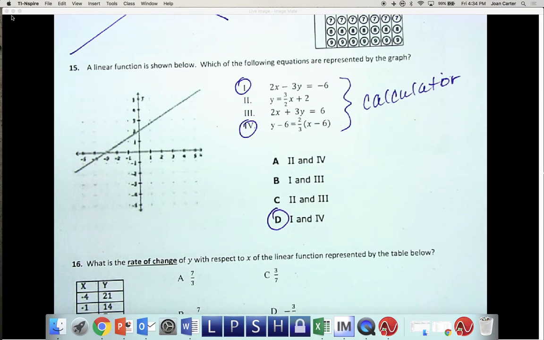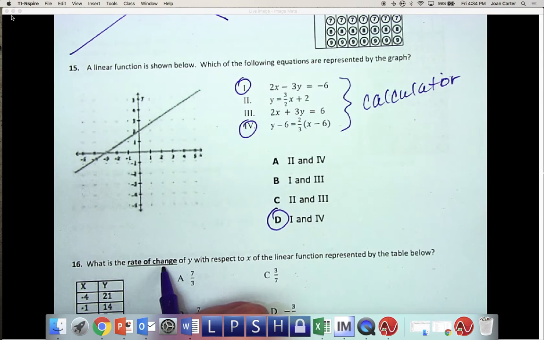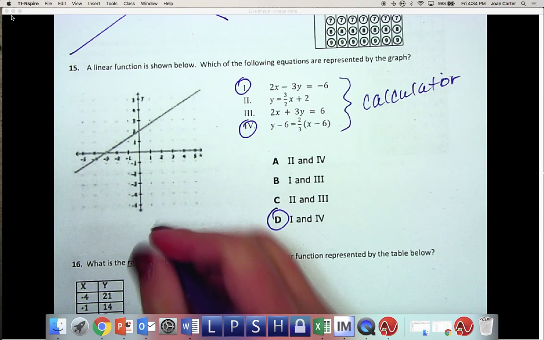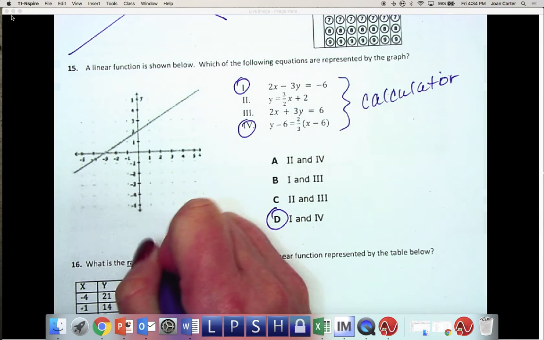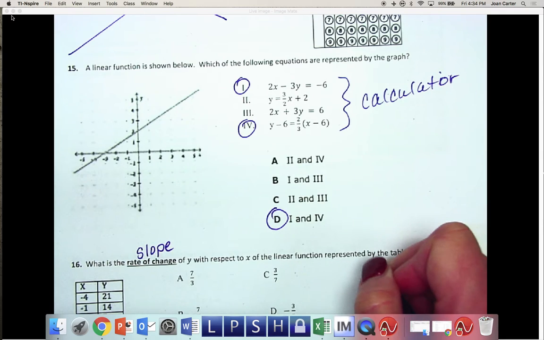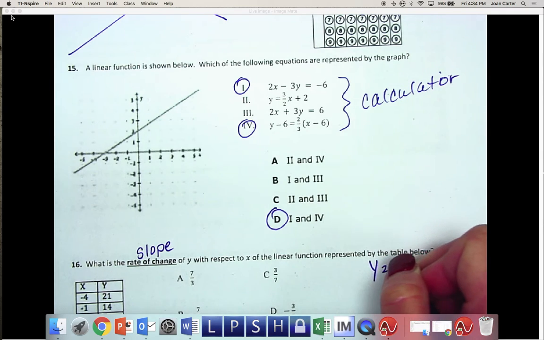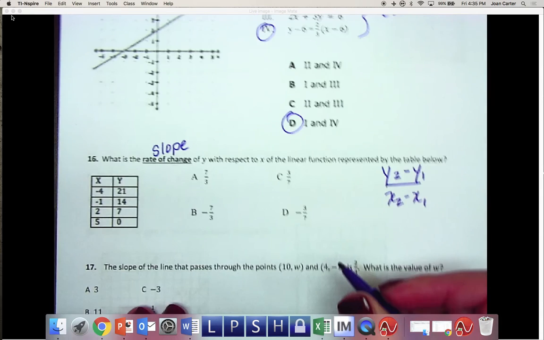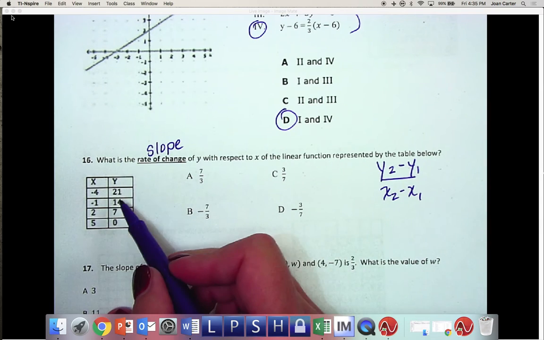All right. So here we want to find the rate of change for number 16. Rate of change is slope. Okay, so that's your change in y over your change in x. Okay, so I'm going to go down here and look in the table. There's a lot of numbers here.